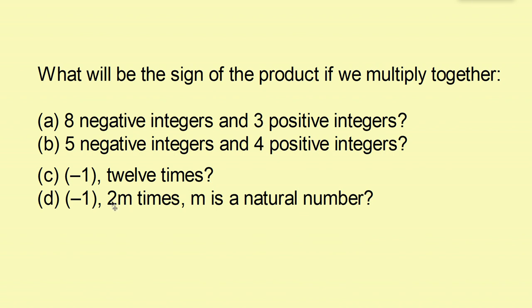Suppose m is equal to 3. 2m means 2 into 3, 6. M is equal to 5. 2 into 5, 10. M is equal to 4. 2 into 4, 8. That means 2 into some number means always an even number. So negative 1 even times means it is positive.